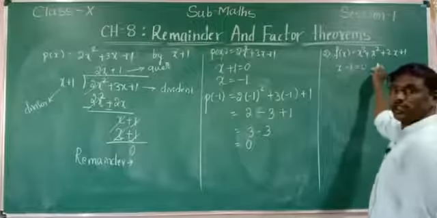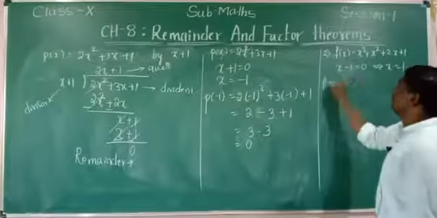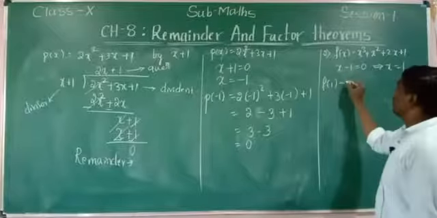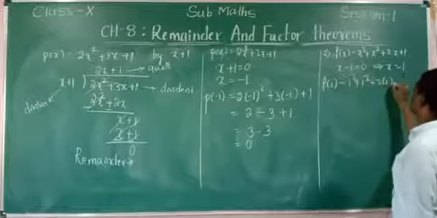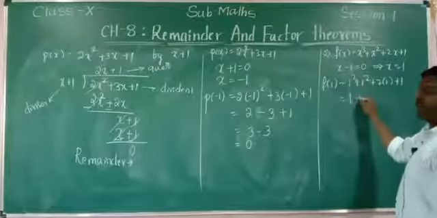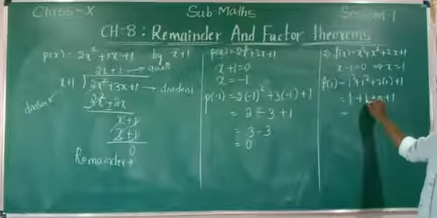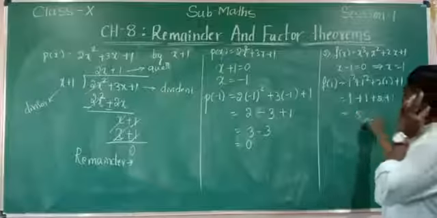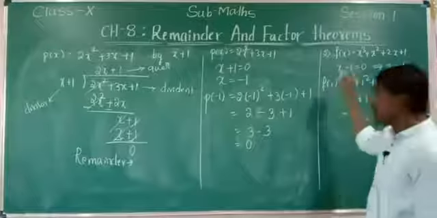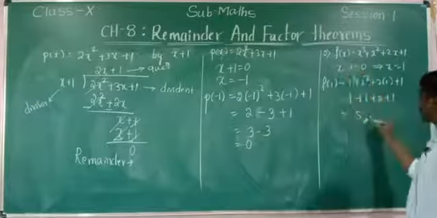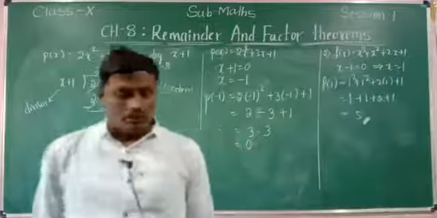So x minus 1 is equal to 0 means x is equal to plus 1. Just substitute that plus 1 in the given expression. F of 1 is equal to 1 cube plus 1 square plus 2 into 1 plus 1. 1 cube is 1, 1 square is 1, 2 into 1 is 2, plus 1. So 1 plus 1 is 2, 2 plus 2 is 4, 4 plus 1 is 5. If I divide the whole expression by x minus 1, I will also get the same remainder, 5.